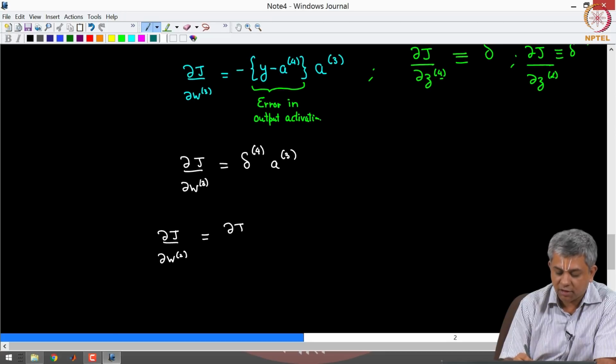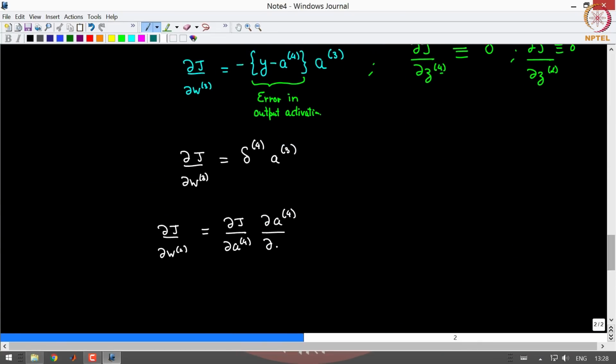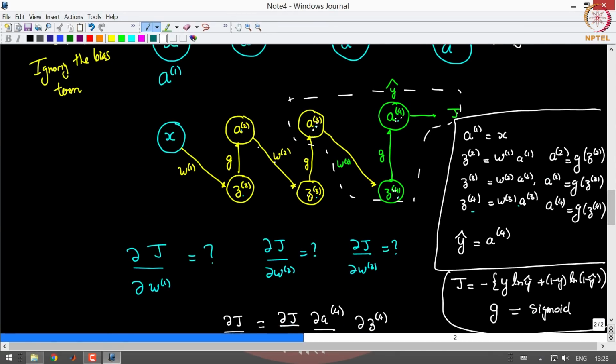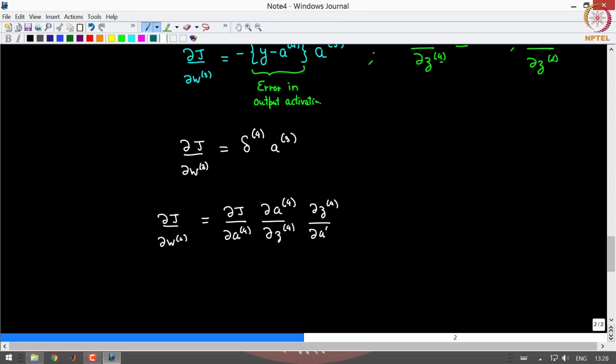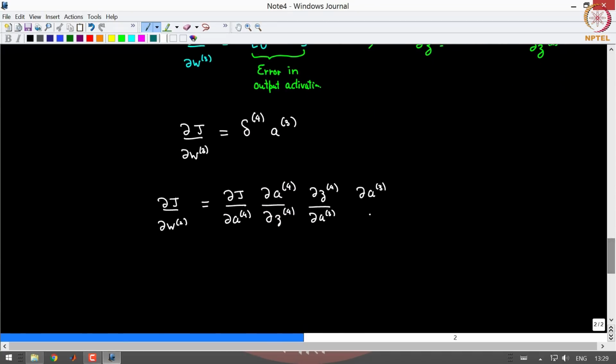This is going to be del j del A 4, del A 4 del Z 4, del Z 4 del A 3, then del A 3 del Z 3, and finally del Z 3 del W 2, as you can see in the figure here.